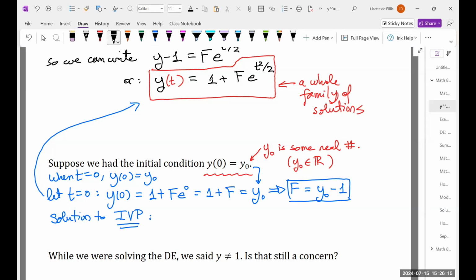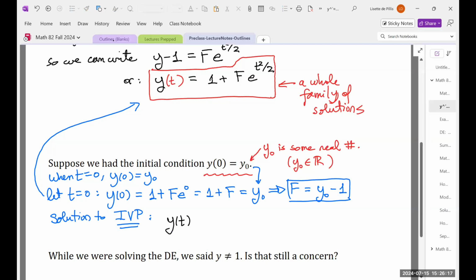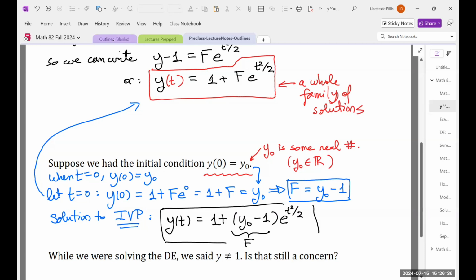I'll put it in a different color. y of t is 1 plus y naught minus 1, that's my f, e to the t squared over 2. And just to remind us, that's my f right there. So that's my entire solution to my entire initial value problem that has been solved using separation of variables.